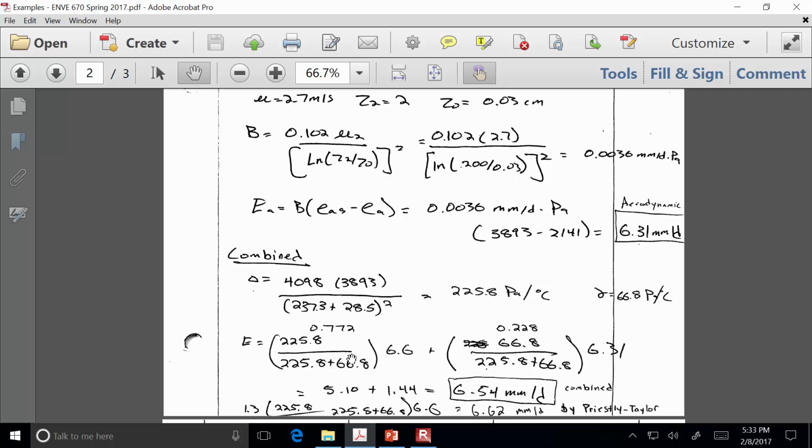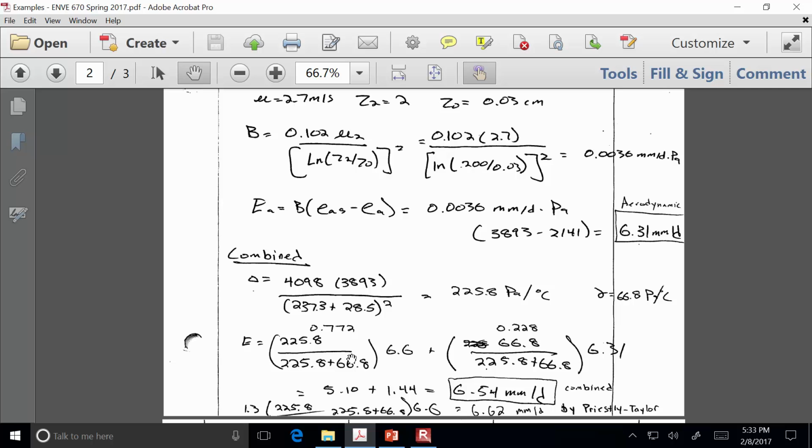All right, so did you get delta is 225.8? Okay, so like I said before, this is kind of like a way of figuring out, it's got to be somewhere in the middle.